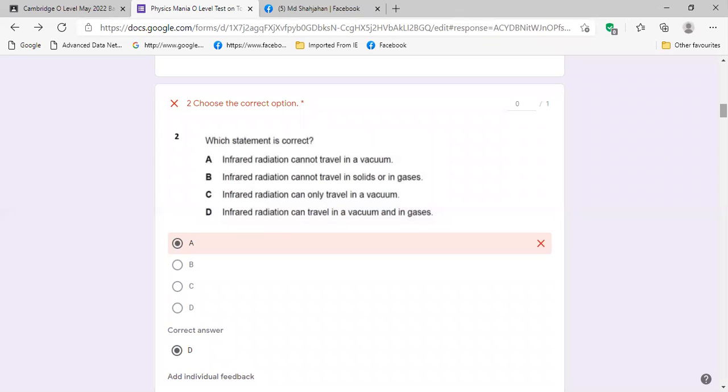Is it clear? Yes, sir. Okay, now we are focusing on the sun. Every day we are getting sunlight, isn't it? So the sun is giving us heat energy as well, along with light energy. Do you agree?